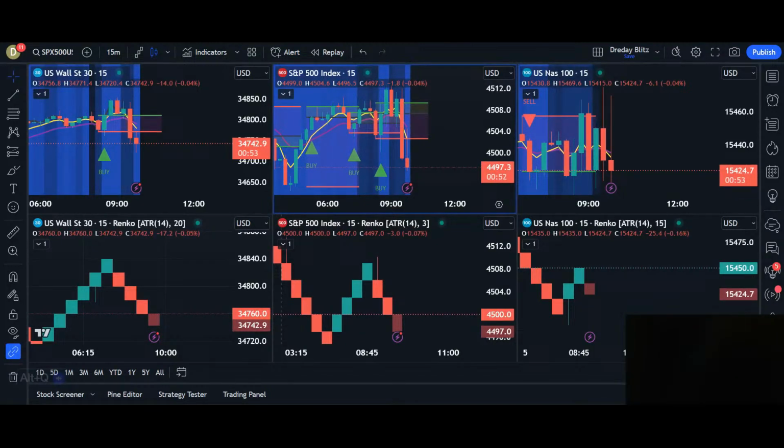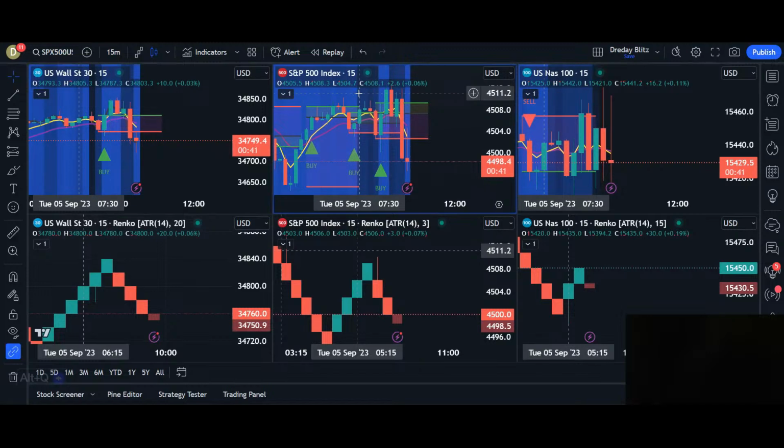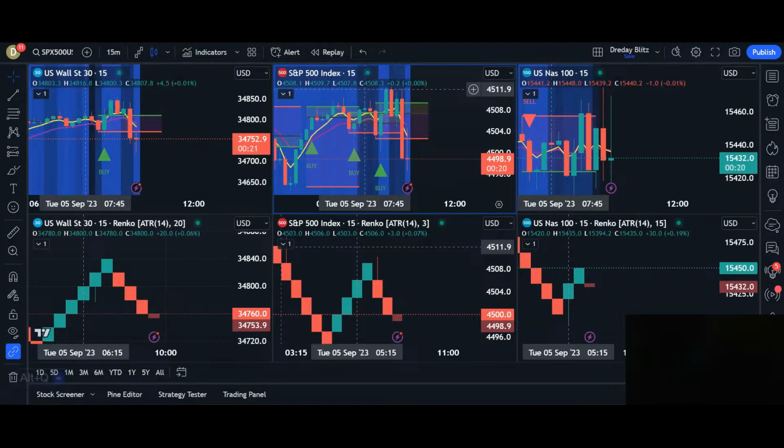All right, in a few seconds it will be the top of the hour. So let's see what the market will do. There's no news on US indices currently, so we should have smooth directionals overall.